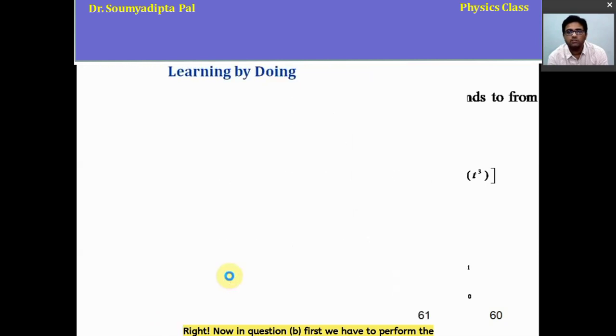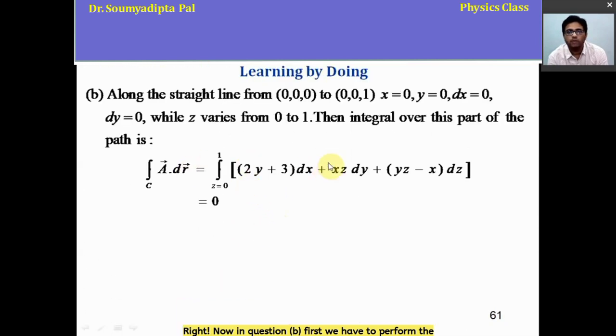Now in question B, first we have to perform the integration along the straight line from (0, 0, 0) to (0, 0, 1). And here x and y equal 0. Also dx and dy will be 0, while z varies from 0 to 1.